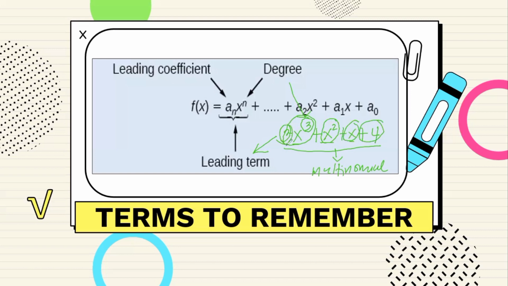So our leading coefficient is equal to 3. Okay, so I hope that's clear. You've understood already how to identify leading coefficient, leading term, and the degree of a certain polynomial. So wag nyo kakalimutan yan on how to identify the degree, the leading coefficient, and the leading term. Okay?